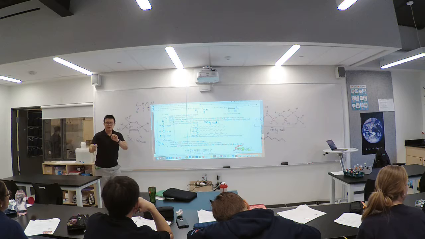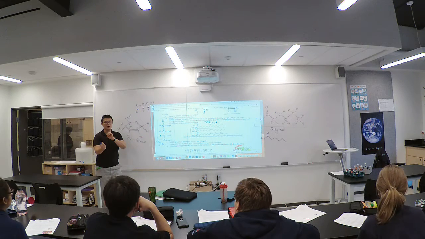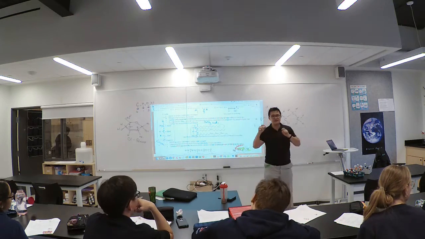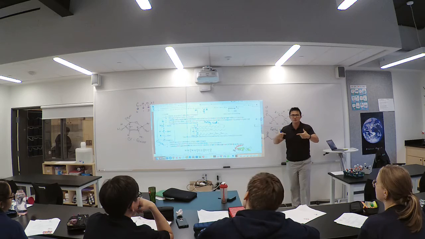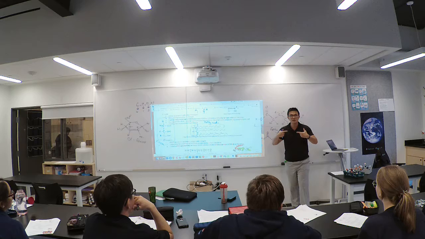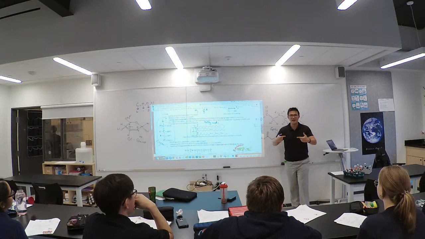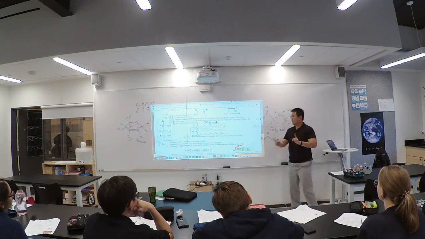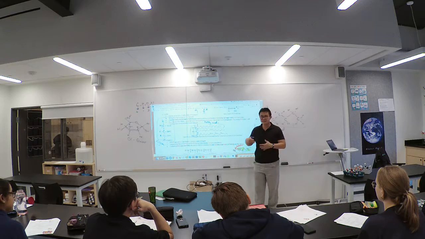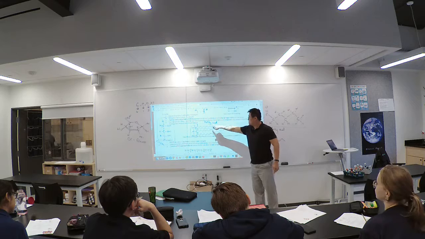Now, one fun thing about fatty acids, and for those of you who are in chem, if your hydrocarbon has a double bond, you call it an alkene, A-L-K-E-N-E. In this case, you notice here, there are double bonds. So some fatty acids have double bonds. These have only single bonds.